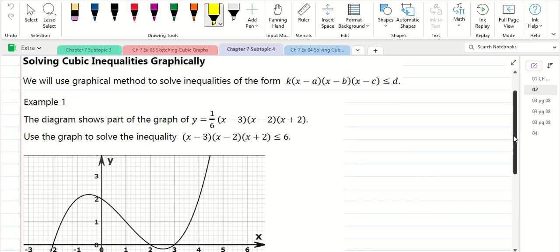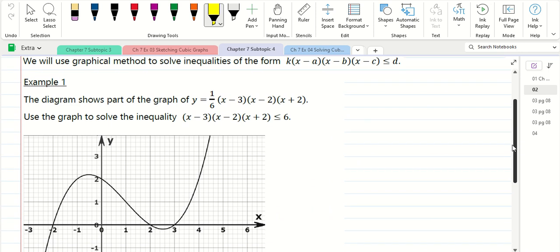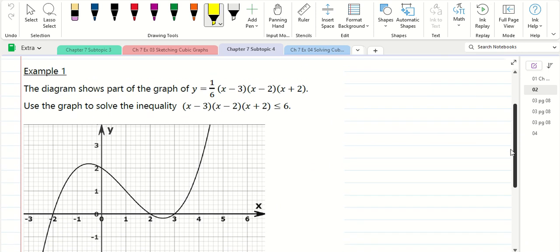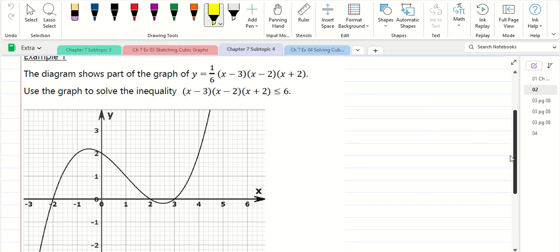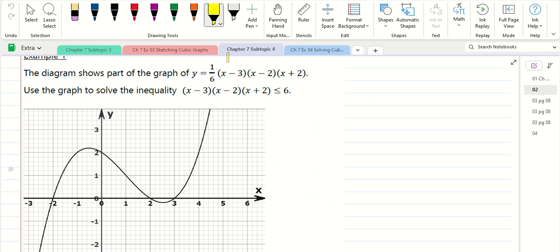Over here, we will use the graphical method to solve this. In this diagram, it shows part of the graph of y equals 1 over 6 (x minus 3)(x minus 2)(x plus 2). Use this graph to solve this inequality.